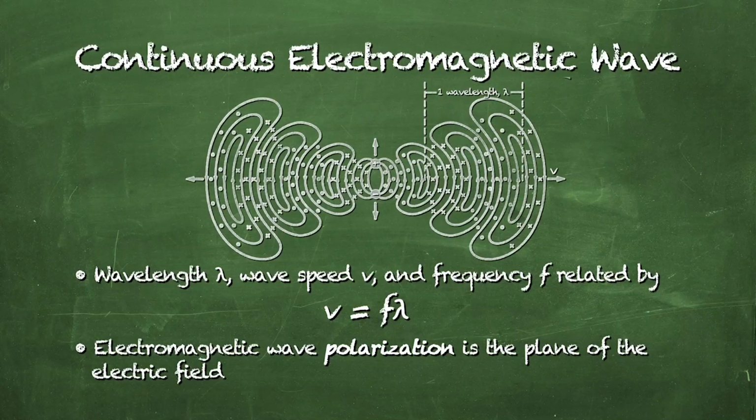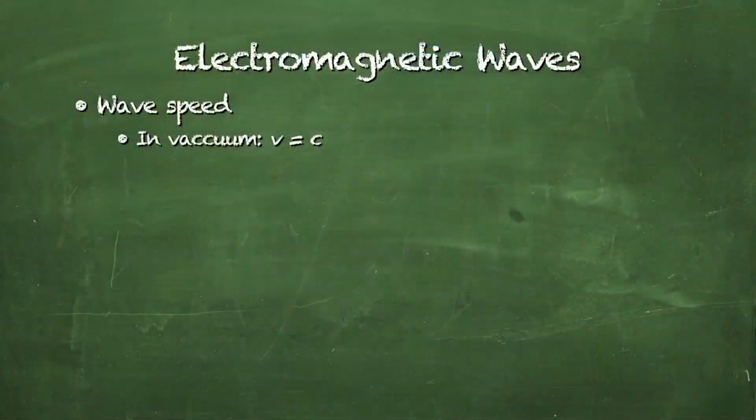As it turns out, the wave speed of electromagnetic waves can be calculated from our fundamental constants, K and mu naught. In a vacuum, the wave speed, v, of an electromagnetic wave is equal to a fundamental constant we'll call c, c being the speed of light.